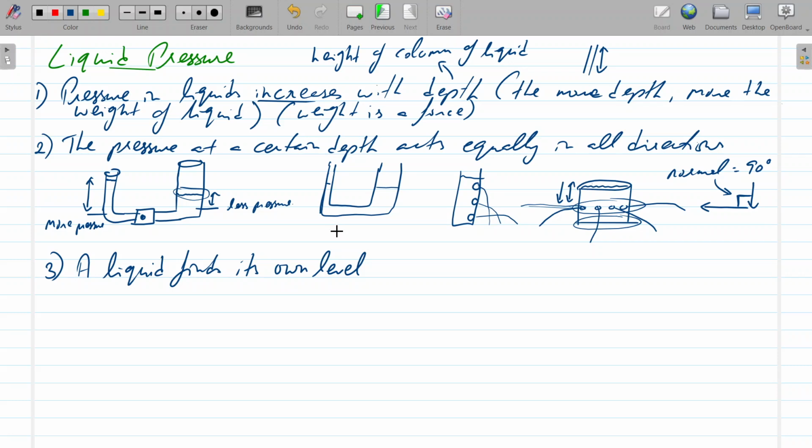Higher pressure over here, lower pressure over here, the level of this liquid will move down, the level of this liquid will have moved up, and so it balances out. And that's what they mean by a liquid finds its own level.